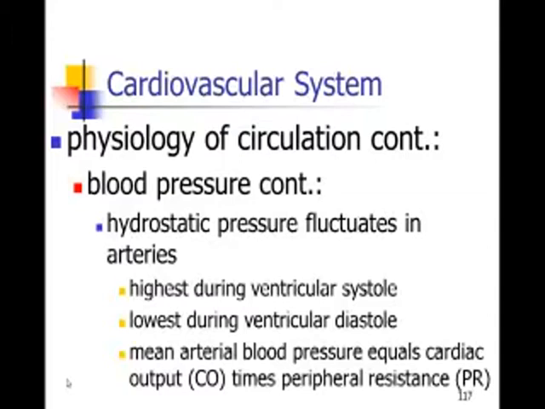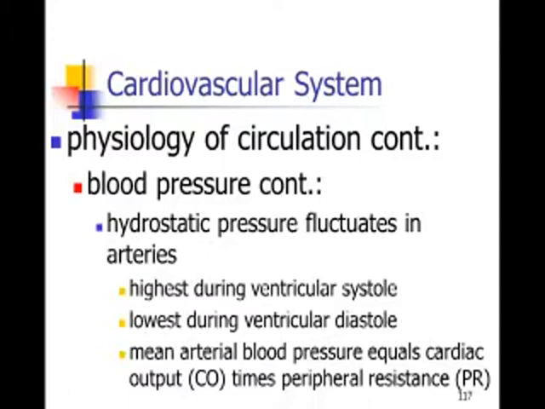You might wonder, why does the pressure gradient not drop to zero? The reason it doesn't drop to zero is because the vessels were stretched during systole, the systolic phase of the ventricles, and then when the ventricle relaxes, those vessels contract against the fluid inside them, and the pressure drops, but it doesn't typically go to zero.